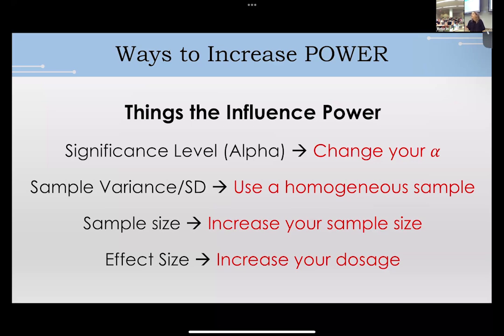To show that, think about what power is. Power is the ability to detect an effect that is actually there. The other way to think about it is being able to illuminate an effect that is actually there. So Advil works, but by giving more Advil, I can see that it works. And that's power, right? Being able to actually detect that it works, not just that it works.